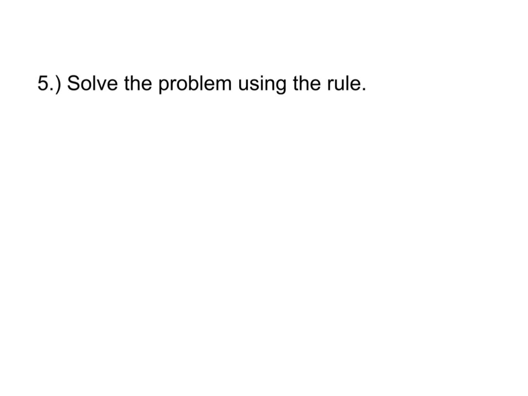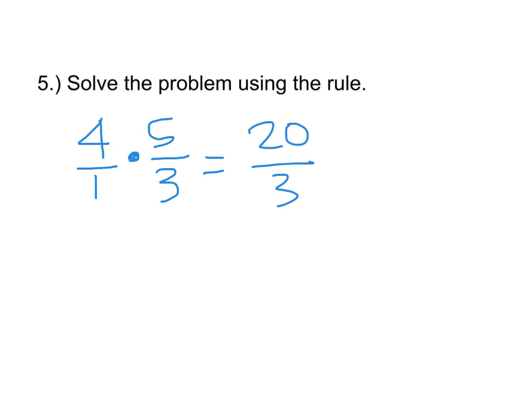All right, now we're going to solve the problem using the rule. So we have 4 cakes, and I'm just going to write this over 1 since we're going to be working with a fraction. And that's going to be multiplied by 5/3, and that gives me 20/3, which is 6 2/3 servings.